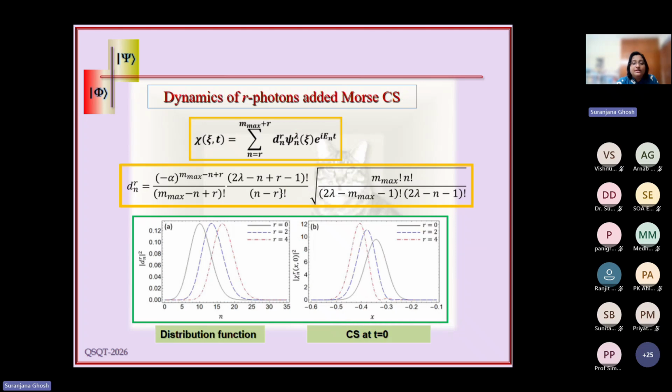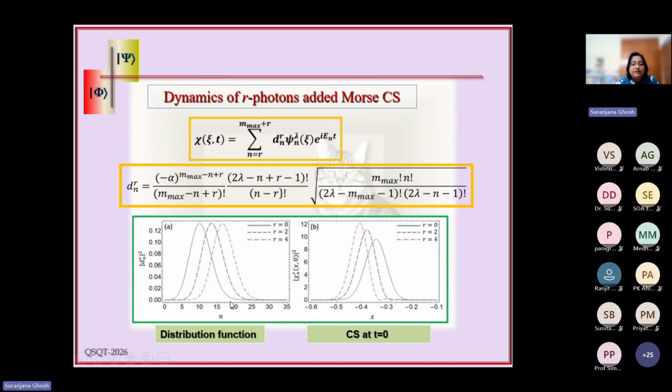The corresponding distribution looked like that. It's quite a big expression, and if we change the value of R, that means the number of photons being added, then it will change the distribution function.